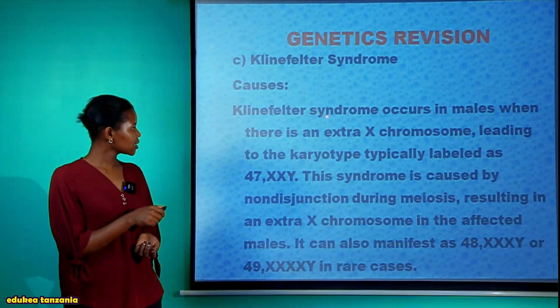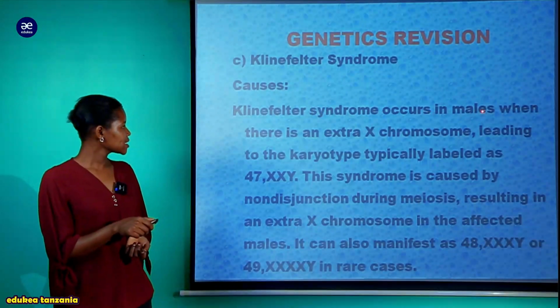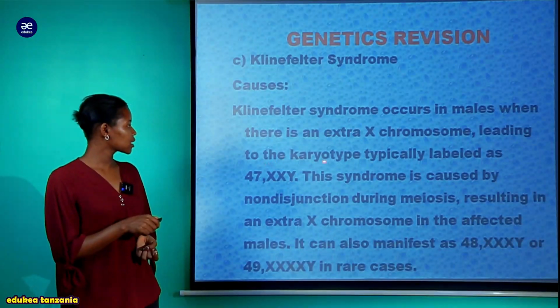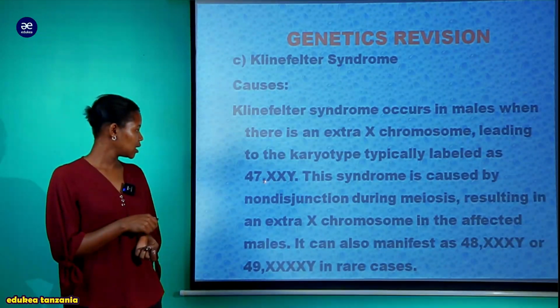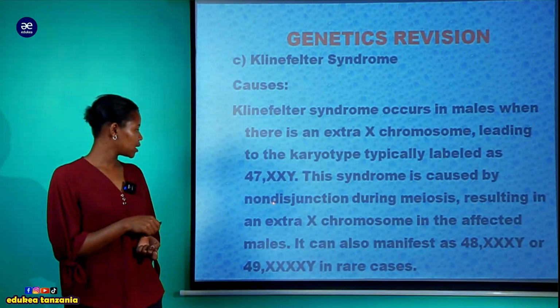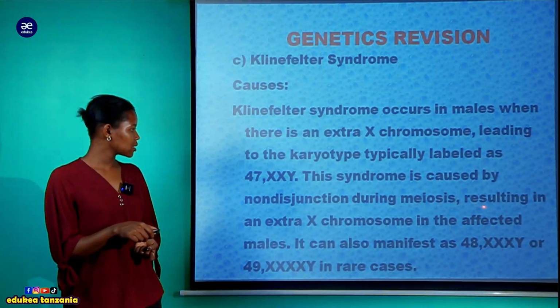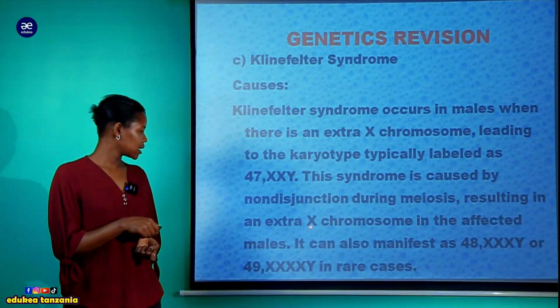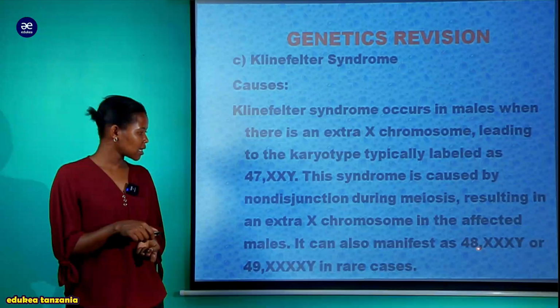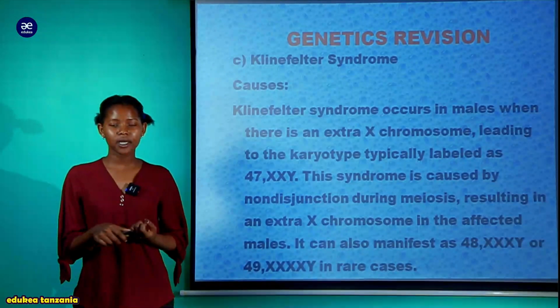As we can see here, Klinefelter syndrome occurs in males when there is an extra X chromosome, leading to the karyotype typically labeled as 47,XXY, and this syndrome is caused by non-disjunction during meiosis, resulting in an extra X chromosome in the affected males. It can also manifest as 48 to 49 in rare cases.